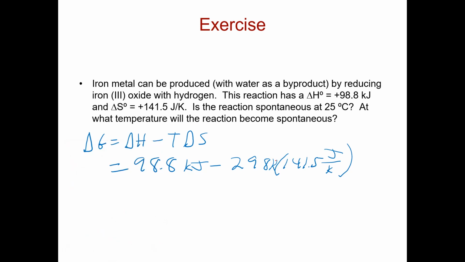So Kelvin cancels with Kelvin here. And we have 98.8 kilojoules minus, if we take 298 times 141.5, that comes out to 42,167 joules.